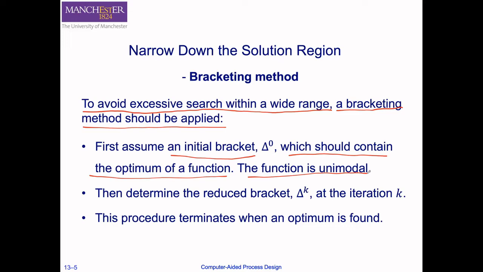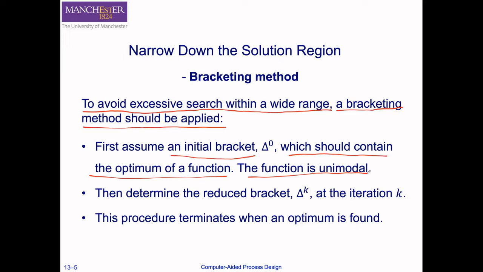In other words, it will take some effort to find a sufficiently wide initial bracket. In chemical process design problems, we often have physical limits on temperature, pressure, concentration, and other physically meaningful variables. These limits might be used as an initial bracket.